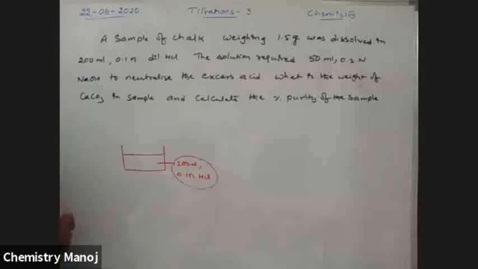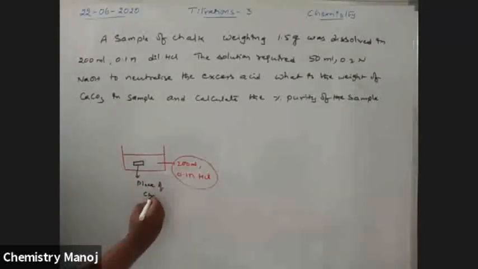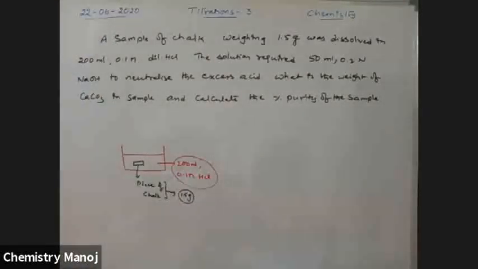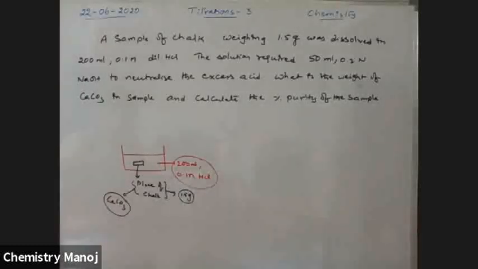In this beaker, a piece of chalk is added. Its weight is 1.5 grams. Actually, this chalk contains CaCO3, calcium carbonate. The chalk is made of calcium carbonate.